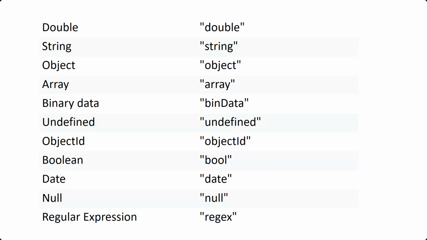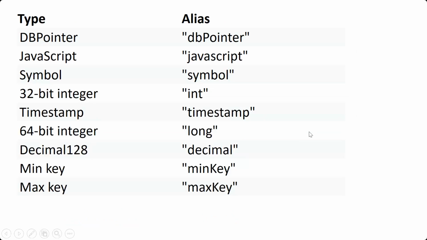This is one set, and this is another set: DB pointer, JavaScript, symbol, int, timestamp, long, decimal, min key, max key.